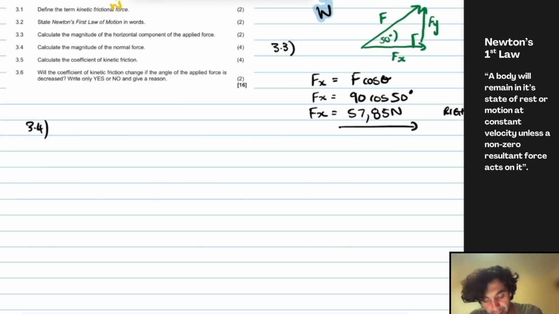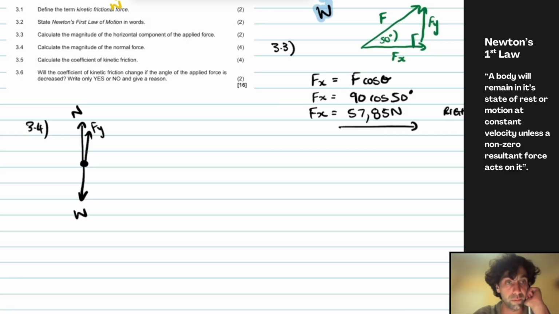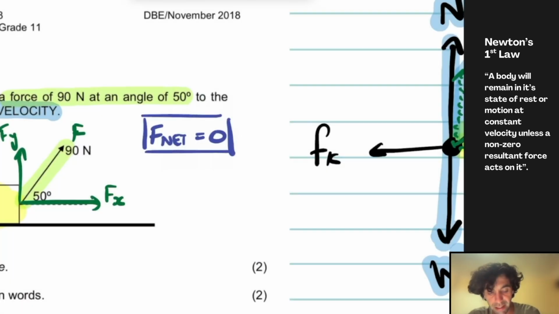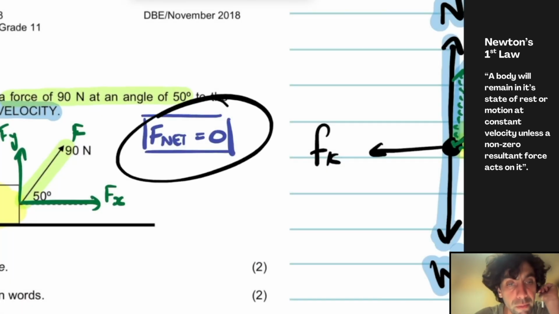So I could just draw another little free body diagram just in terms of our vertical forces, and you'll see that there are two forces acting upwards and one force acting downwards. So I can draw an equation from that, and what that looks like is basically the weight, because our net force is equal to 0.